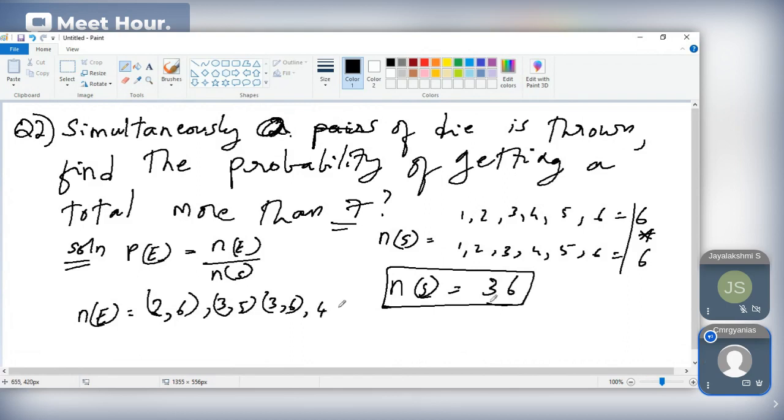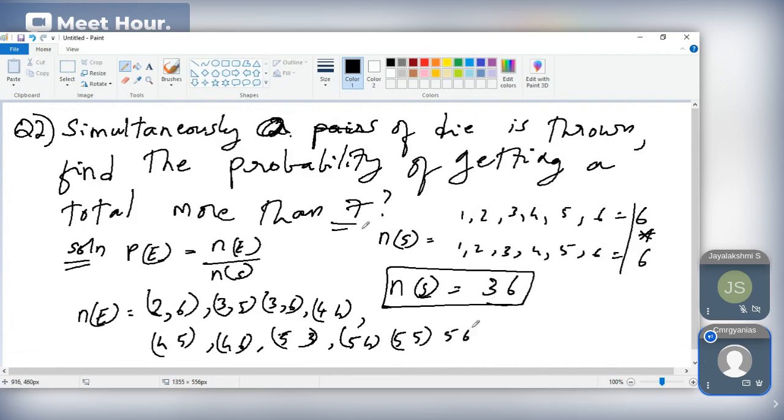Then what can come? 4 and 4, 4 and 5, 4 and 6, then 5 and 3, 5 and 4, 5 and 5, 5 and 6, then 6 and 2, 6 and 3, 6 and 4, 6 and 5.